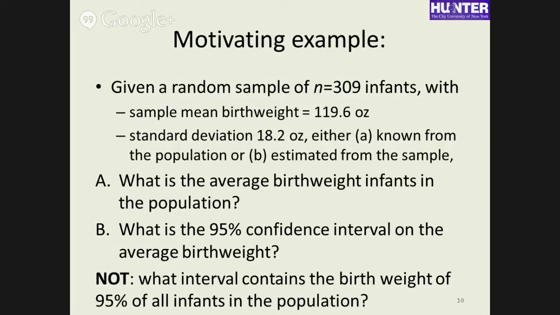So here's a motivating example, other than guessing someone's age, which is not really going to come up most likely. We're doing a study of birth weights of infants. Take a sample, let's say 309 infants. I don't know why that number, that's just what the sample is. And this is a random sample of a population of interest.